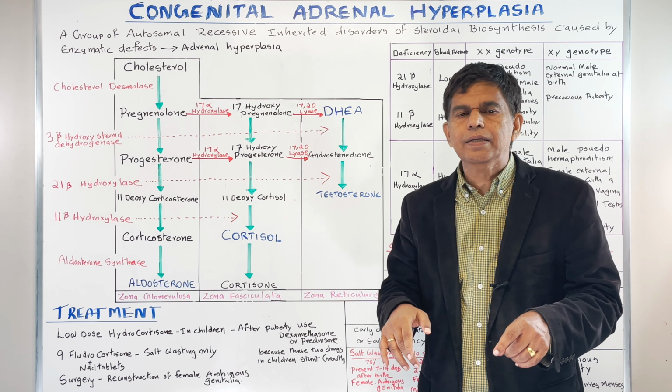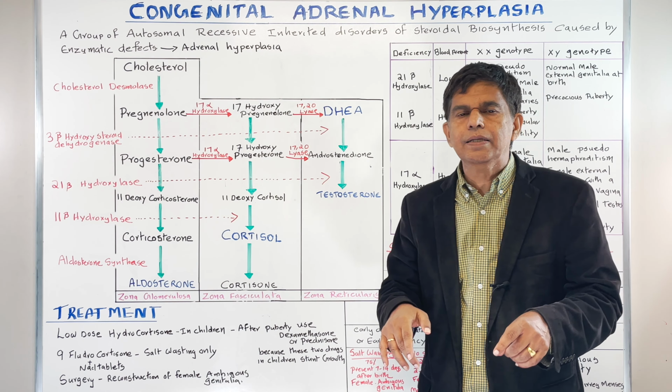What happens? You've got cholesterol that's converted into pregnenolone. And what is the enzyme right here? Cholesterol desmolase. Okay. Now, next step, pregnenolone is converted into progesterone. Let's look at the enzyme involved: 3-beta hydroxysteroid dehydrogenase. Okay. Now, the next step is this progesterone is converted into 11-deoxycorticosterone.